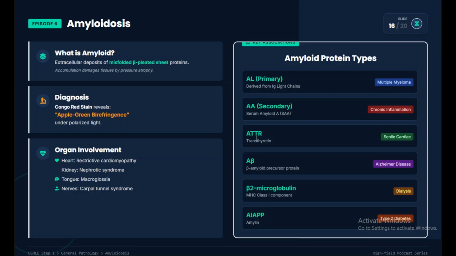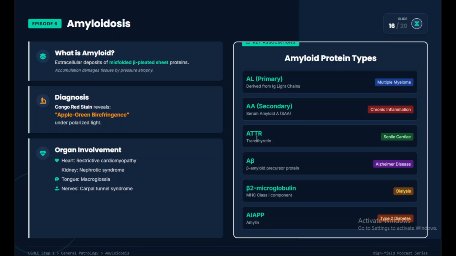Keep this in mind: in dialysis patients, you cannot remove the beta 2 microglobulin protein easily. Beta 2 microglobulin is easily removed by the kidneys in a normal patient, but in a dialysis patient you cannot remove this protein, as a result of which it piles up and builds up, and this leads to amyloidosis when the protein deposits around the tissues.